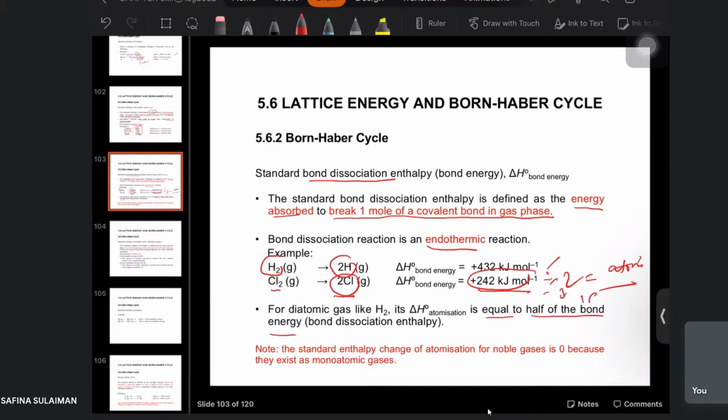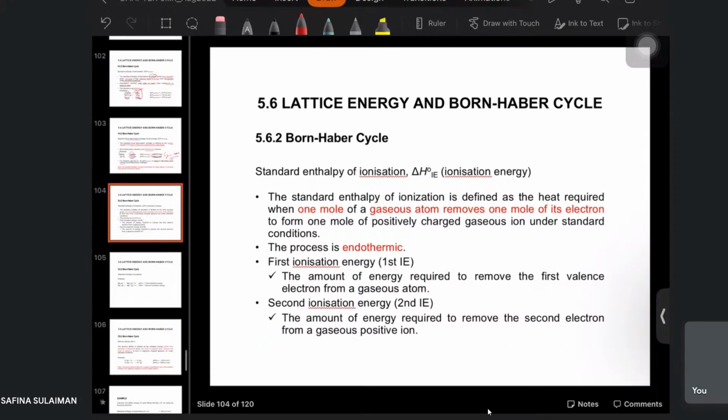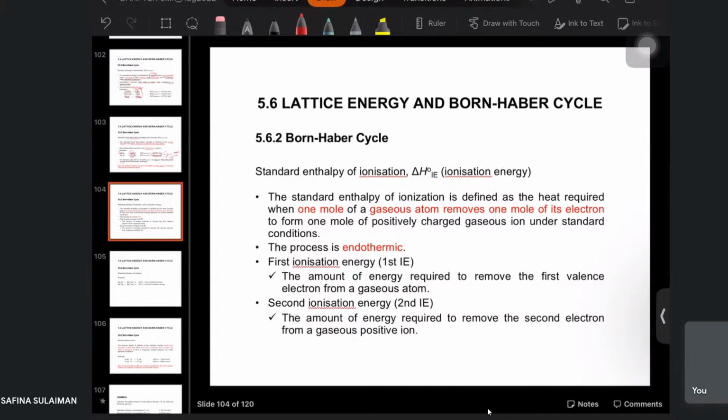Okay. The third one, so the enthalpy of ionization. This is the same as in chapter 2. The standard enthalpy of ionization is defined as the heat required when 1 mole of gaseous atom removes 1 mole of its electron to form 1 mole of positively charged gaseous ion under standard condition.